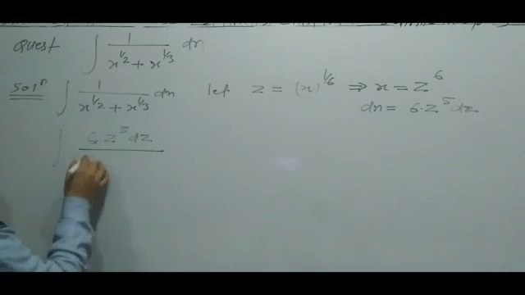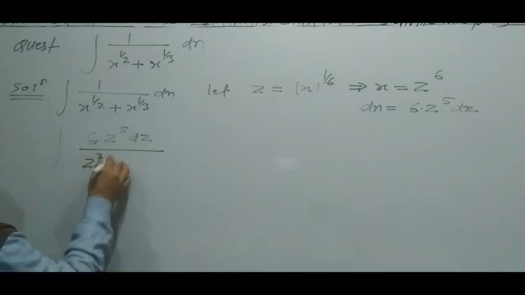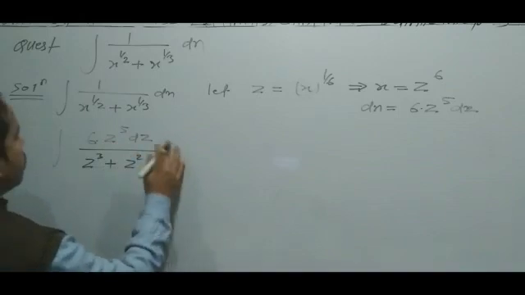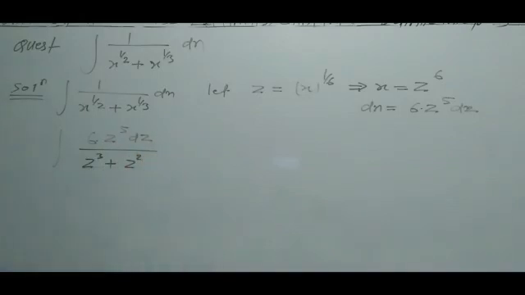So this result will be z cube plus this result will be z square. Now z to the power 2, you take common and this will cancel out from the numerator.